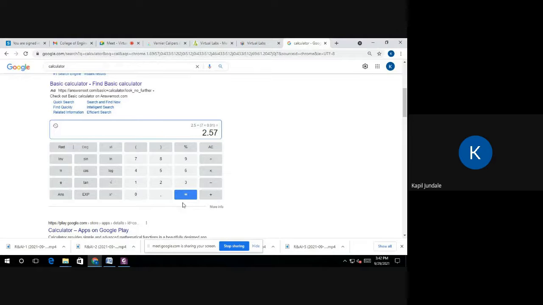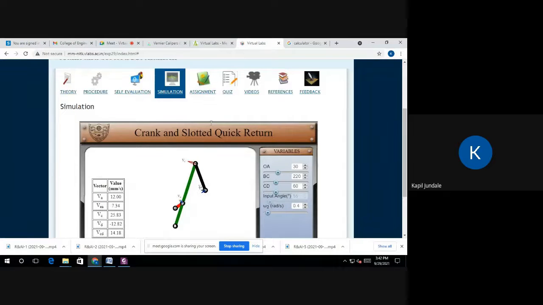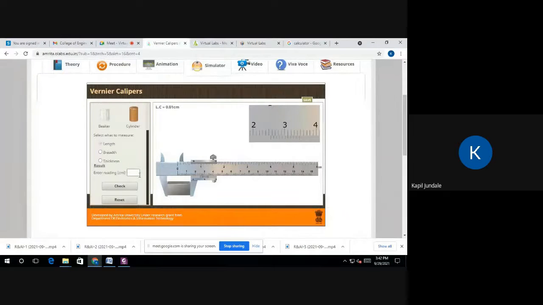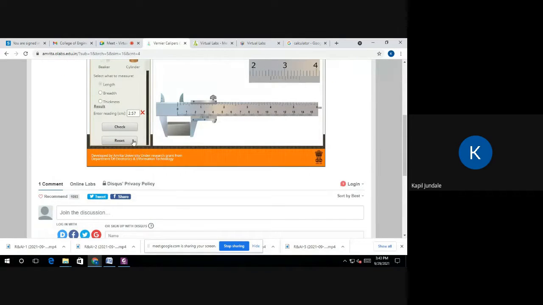Calculate this. The length of this one is 2.5? Now we will check whether it is correct. It is wrong. Now check again, once again exactly which line is matching, and accordingly you can find. Okay.